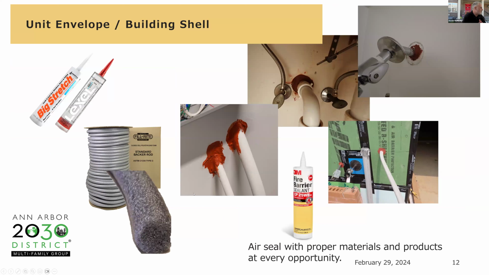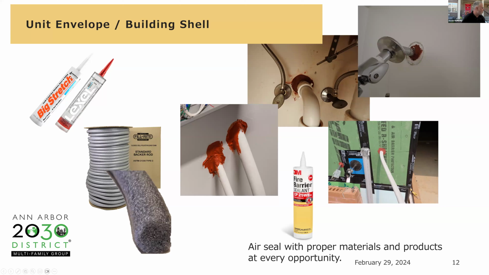So here are some of the materials that you can use to seal up things. A high quality caulk, and I like the big stretch because it'll stretch. I think they say like 10%, but it does last a long time. But then make sure that it is also set for where you're using it.